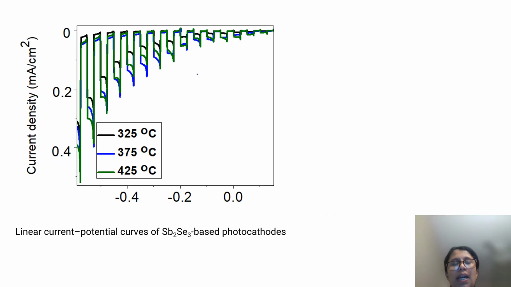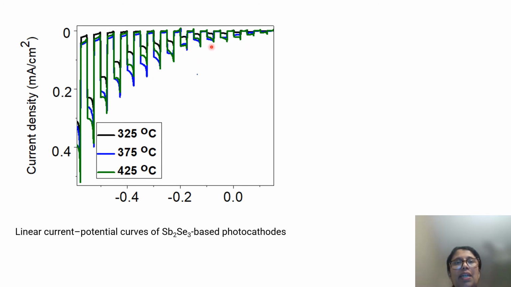This shows the photoelectrochemical measurement of the antimony sulfide or antimony selenide films. The photoelectrochemical measurements were done for all the films annealed at three different temperatures.